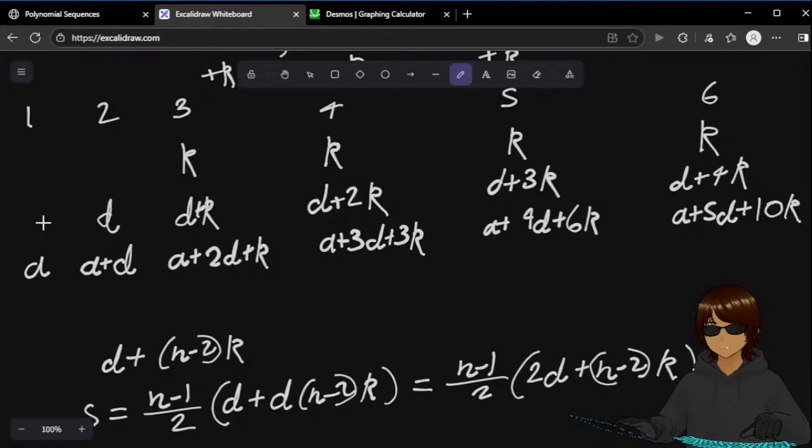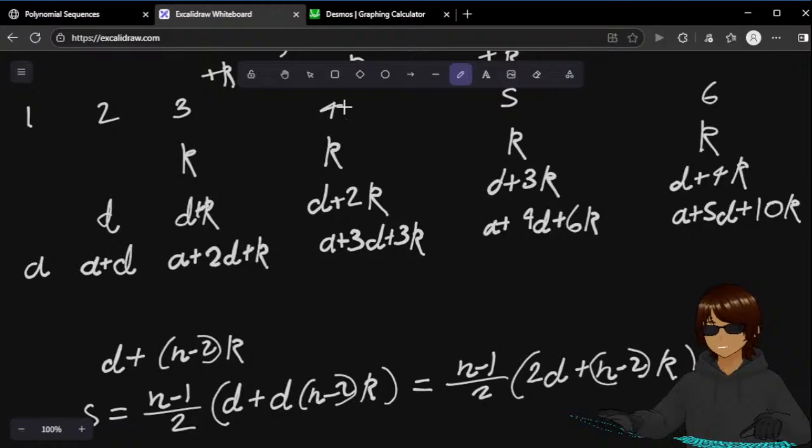So if n is equal to 1, 1 minus 1 is 0. If n is equal to 2, we have 2d plus 0k, which is just d. N is equal to 3: 2 over 2 is 1, 2d plus 1k, which matches this.